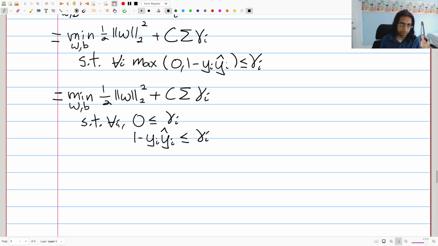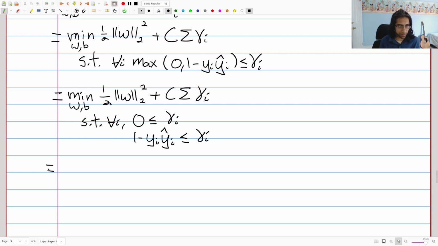And now what we're going to do is finally, at long last, take the Lagrangian dual. So how do we do this? Remember, we just take these constraints here, rearrange them a little bit, and sum them into the objective function. So let's do this.